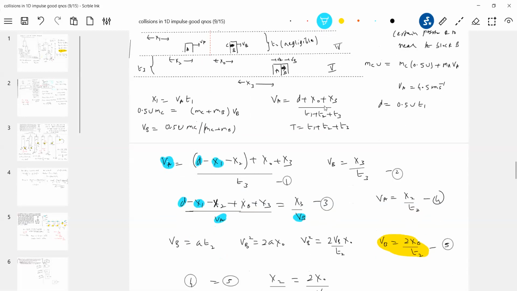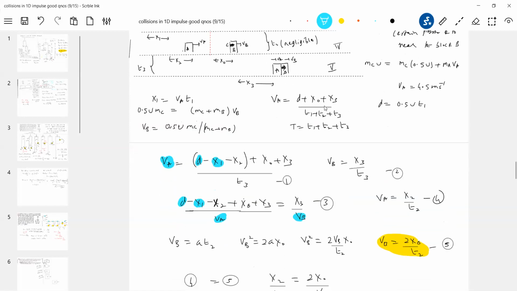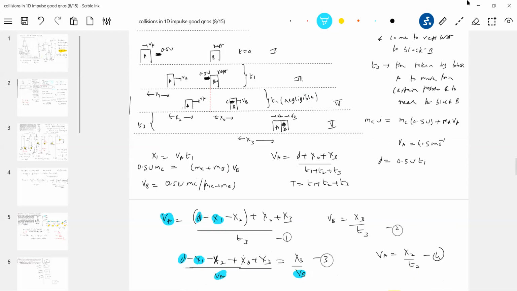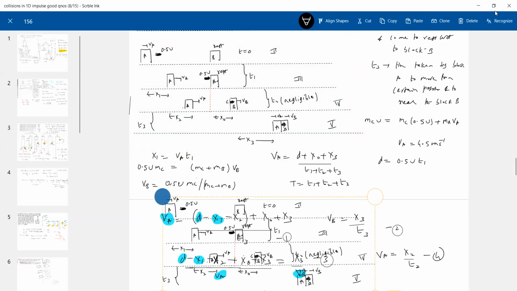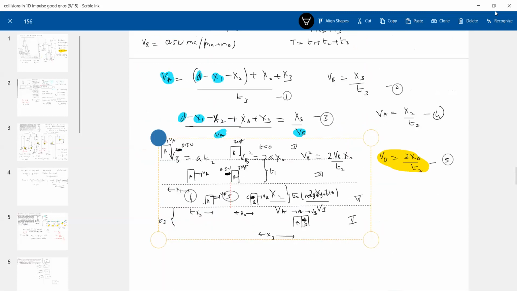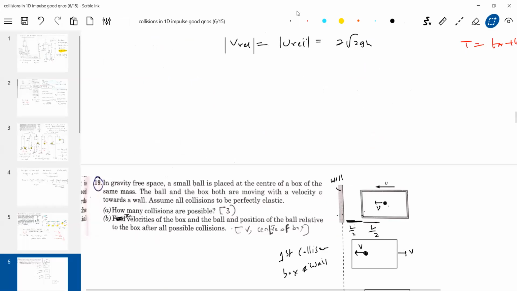So I'll take the fourth and the fifth diagram. I'll bring this. Oh, where has it gone?